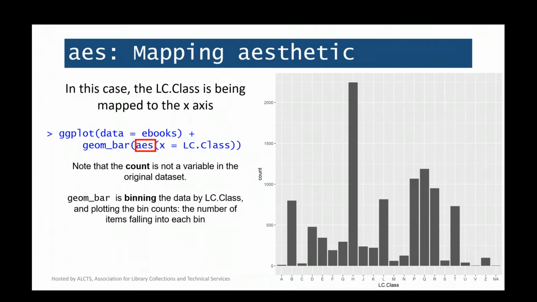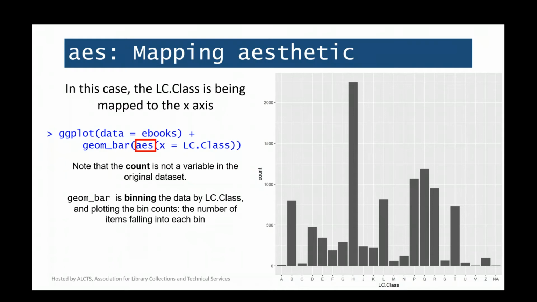So note that count on the y-axis is not a variable in the original data set. What's happening here is geom is doing what's called binning the data. So it's going through each ebook, and if the LC class is A, it's going to bin it in A. If it's B, it'll bin it in B. And then it's going to plot the bin counts.